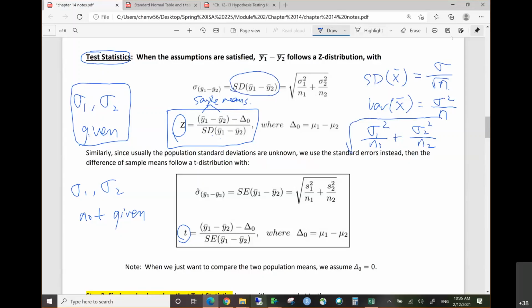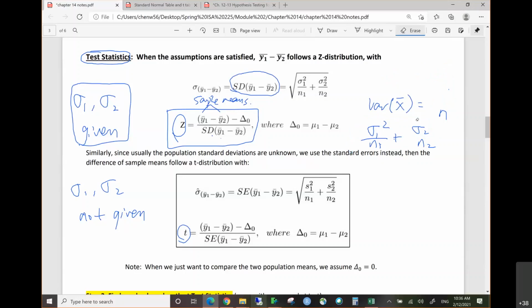You don't need to understand here. If you don't understand, that's fine. I just want to show you where this formula comes from, just in case in the future you want to derive the formula for a 3 sample test or 4 sample test. It will be a similar idea.